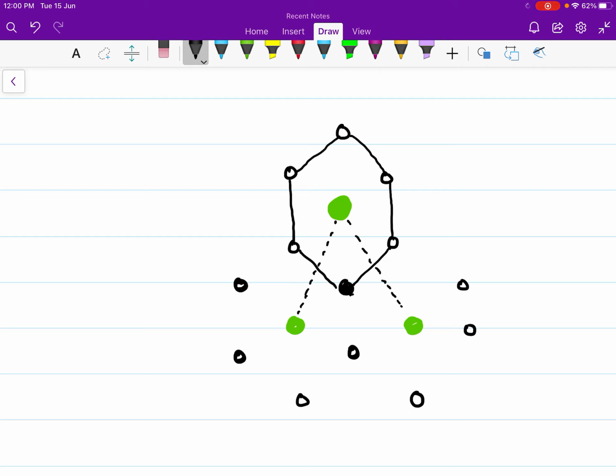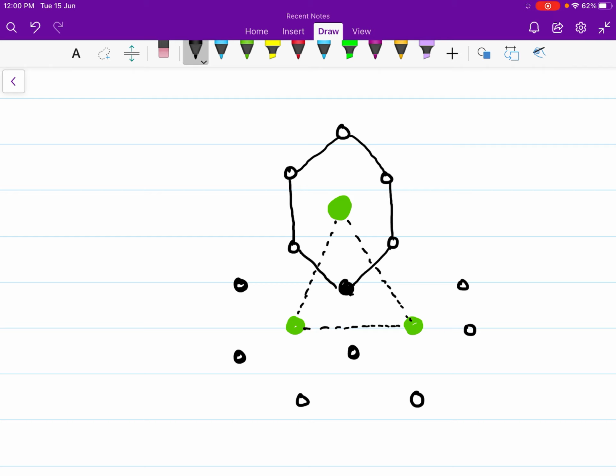So each thick filament is surrounded by 6 thin filaments, and each thin filament is surrounded by 3 thick filaments. This is when we observe the 3-dimensional view of this myofibril.